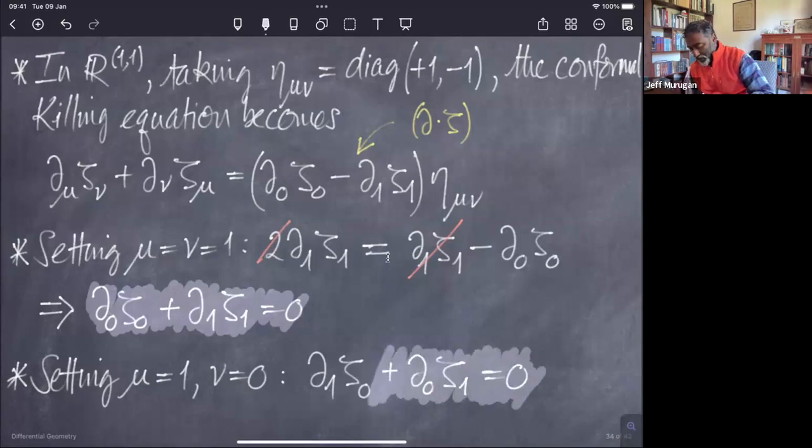We can solve them by differentiating and going to a higher order equation.